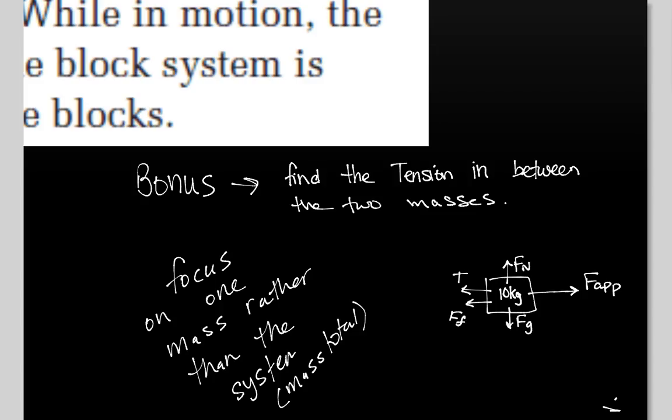So what we could do is set up another F net equation. You'd have F net equals ma, and then you'd have F applied minus force friction minus tension equals ma. We just solved for a, so then the only unknown would become the tension, and we could solve for the tension.